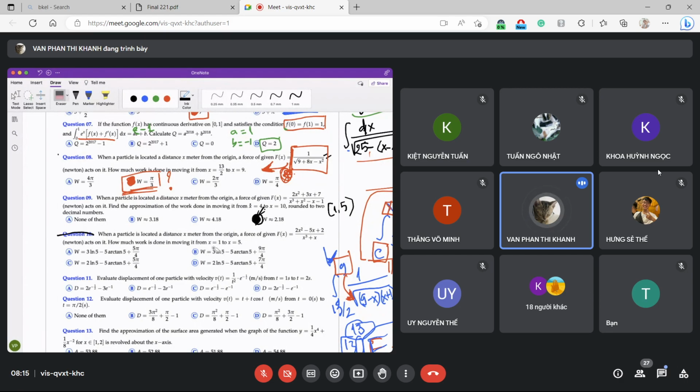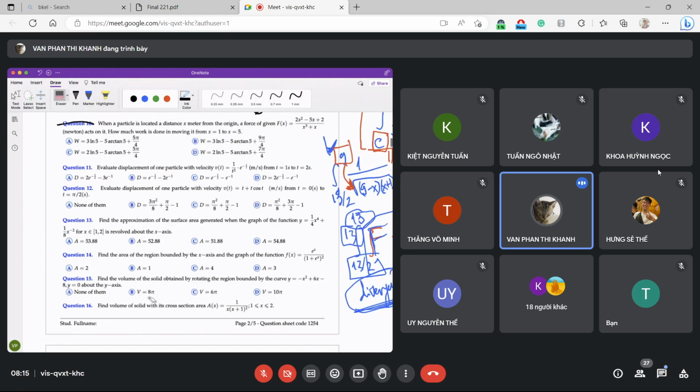So A, B, C, D, right? Okay, please show it by yourself. I skip this question because it's just approximation. Next, the same, right? Evaluate the displacement. So you find the integral of velocity from 1 to 2. Please tell me the answer.